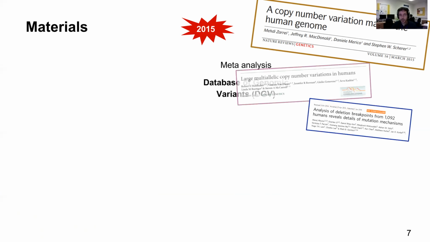The material we have used, as I said, are 5 different CNV maps. All of them appeared in 2015, a year particularly active in the CNV field. First, we got the CNV map from Zarrei et al., which is a meta-analysis of the data that was available at the time in the Database of Genomic Variants.